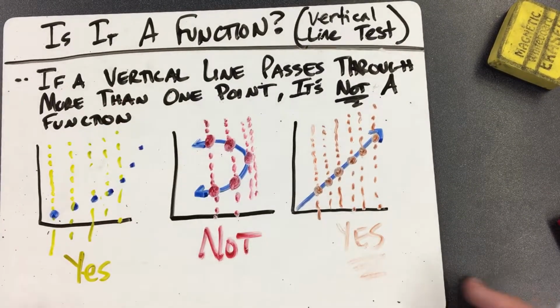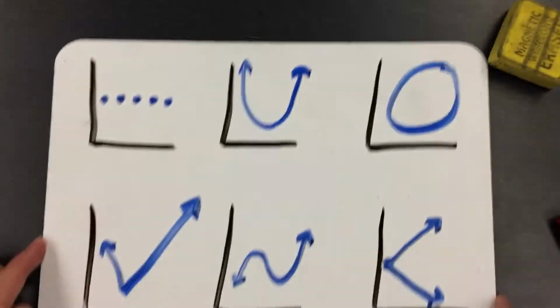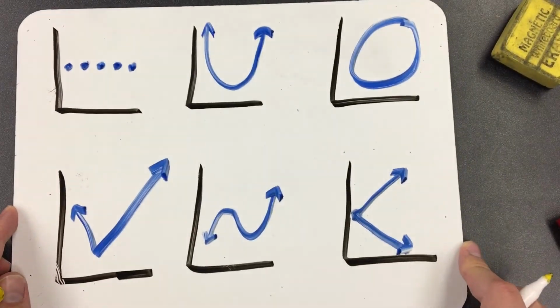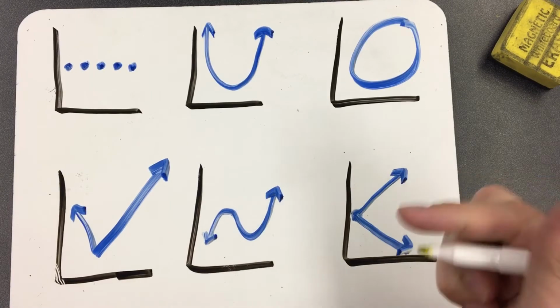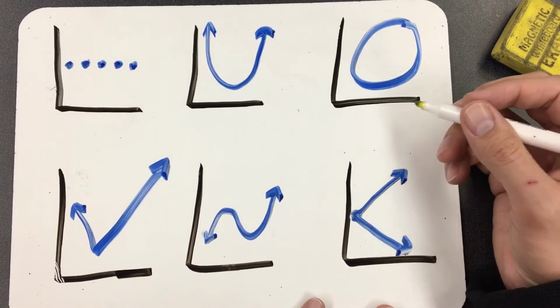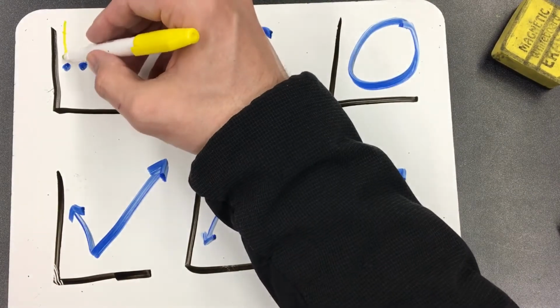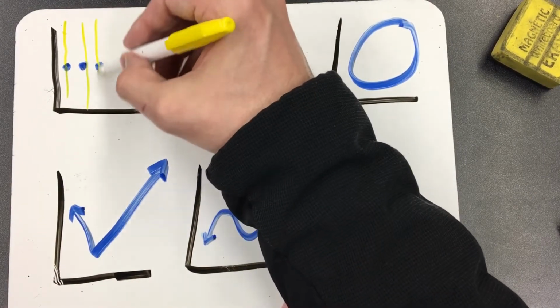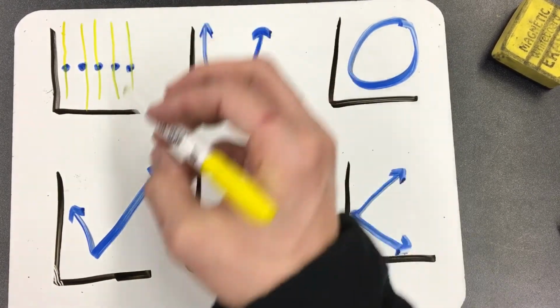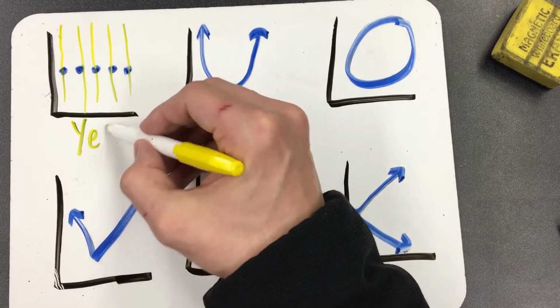Okay, some other examples, and then we'll give these a try on the class website for Big Ideas Math. Are these functions? You can usually tell these in about 5 seconds, right? Is a vertical line going to hit this in more than one place? No, no, no. My vertical lines are only hitting them once, so is this a function? Yes.